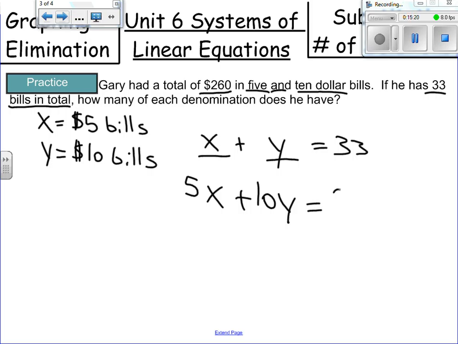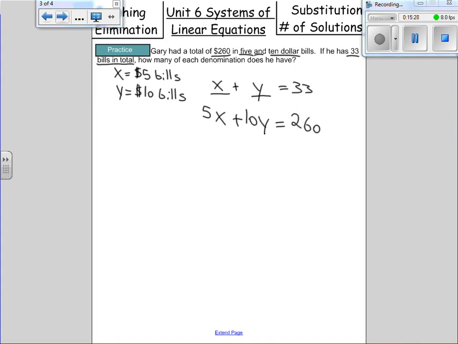Now what we have is a more complicated question. So I'm going to solve this equation using elimination. The last two times I used substitution, so now I'll try something different and try elimination.